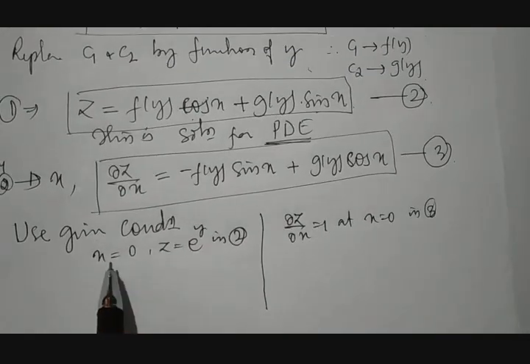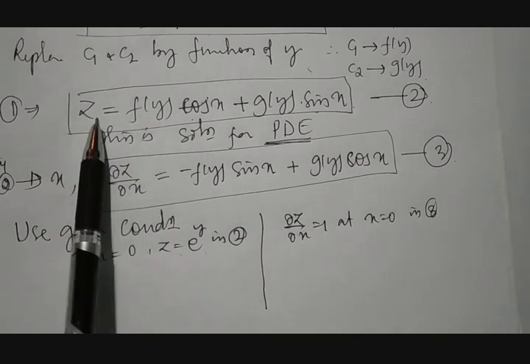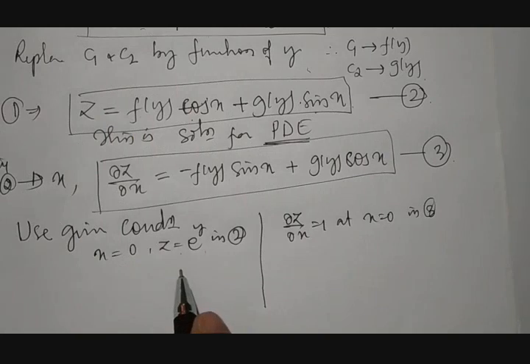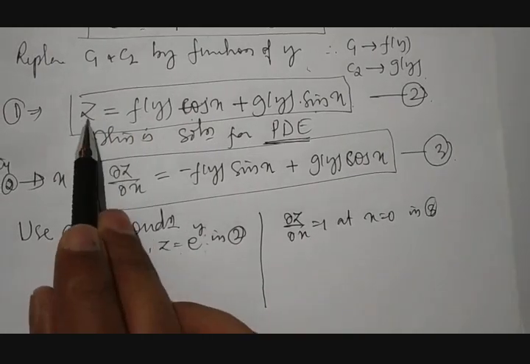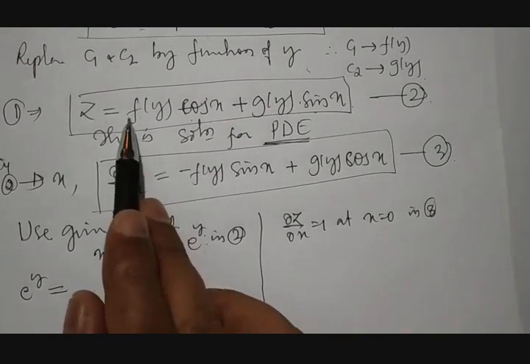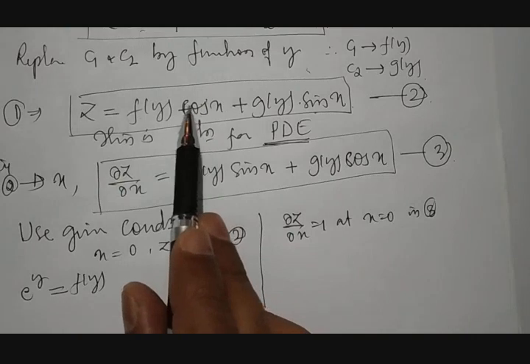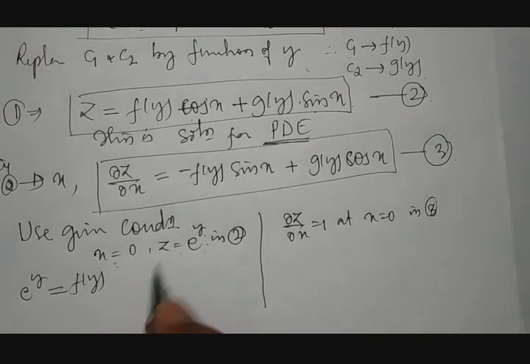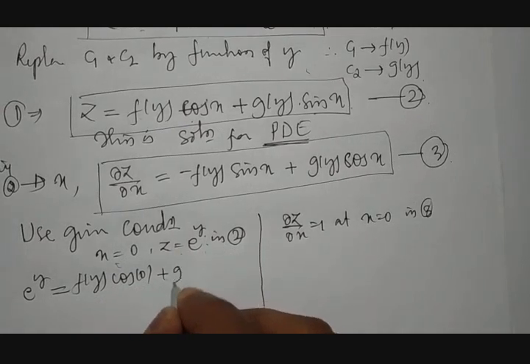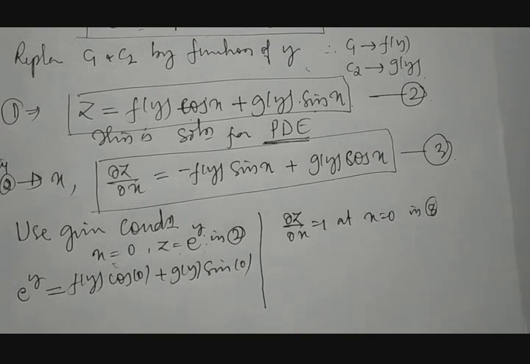If we substitute x is equal to 0 and z is equal to e raised to y in this equation, what do we get? z is equal to e raised to y, so e raised to y is equal to f of y into cos x, but x is equal to 0, so this is cos 0, plus g of y into sin 0 because x is 0.